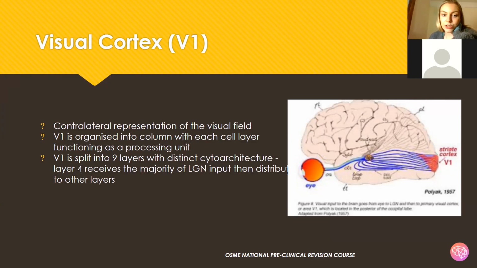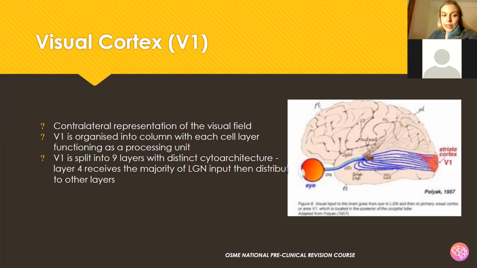V1 is organized into columns with each cell layer functioning as a processing unit, and V1 is split into 6 layers with a distinct cytoarchitecture, layer 4 receiving the majority of LGN input, and then this distributes to the other layers.